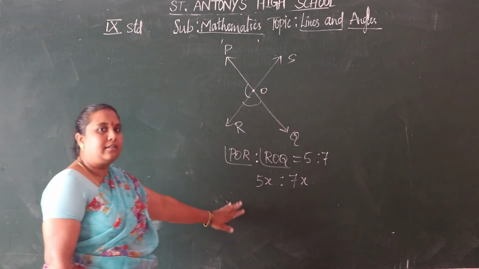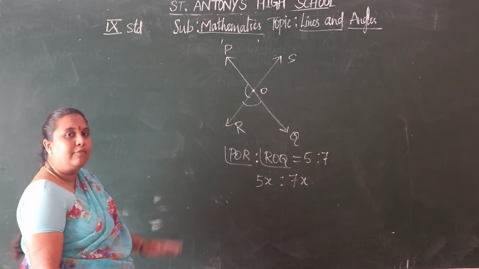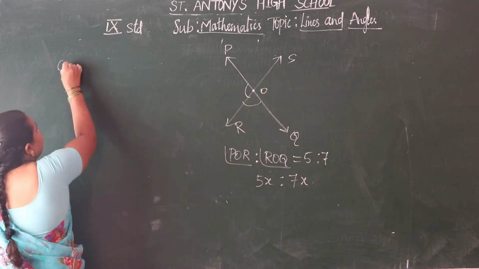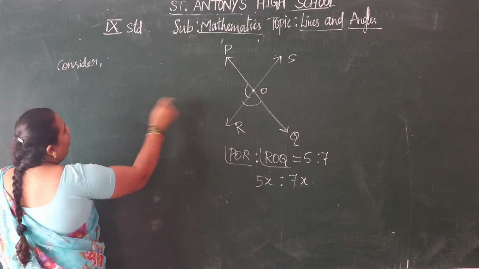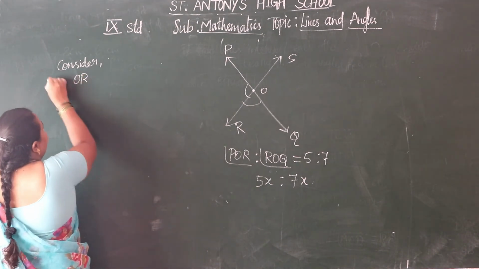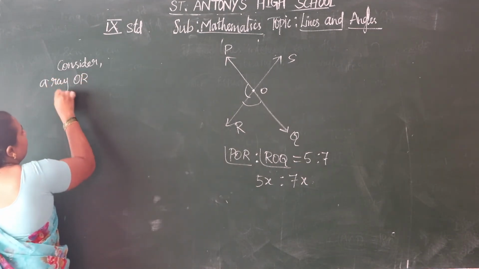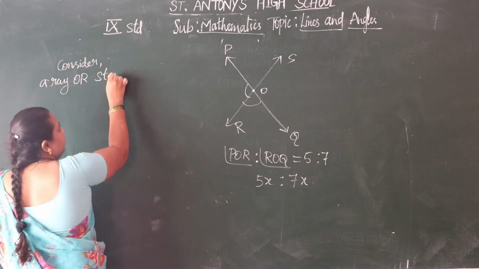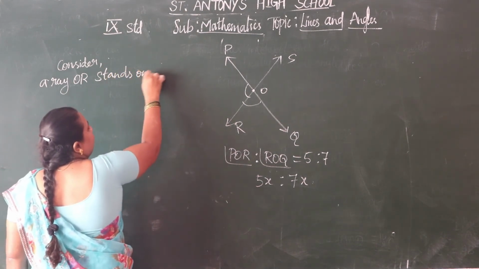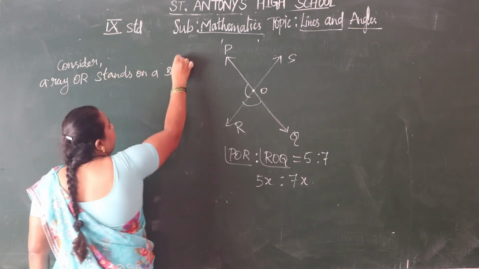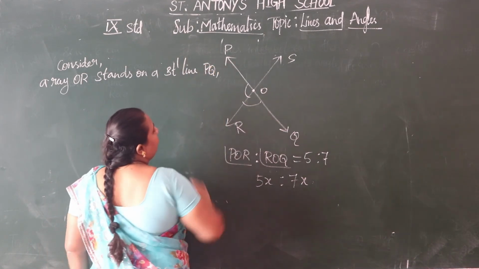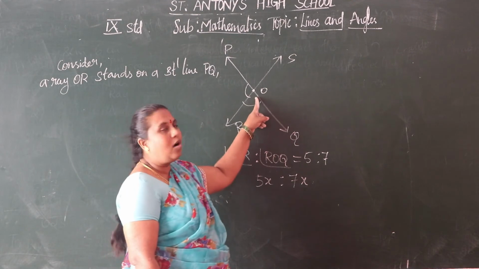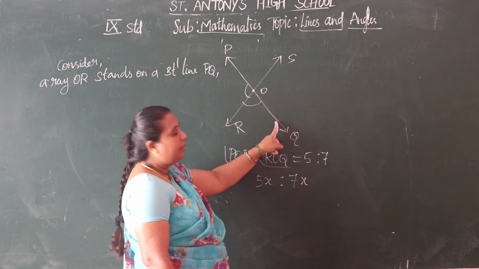Okay, let us take like this. And then first consider: ray OR stands on a straight line PQ.